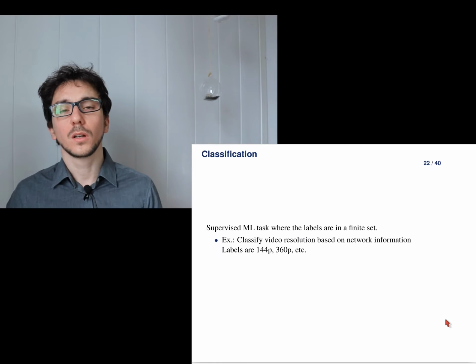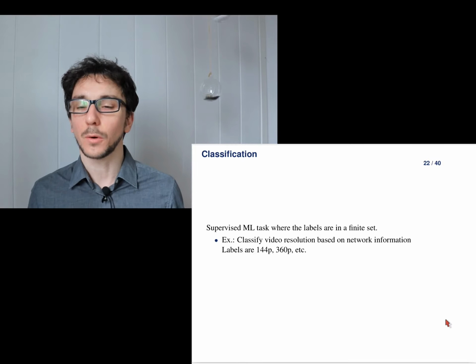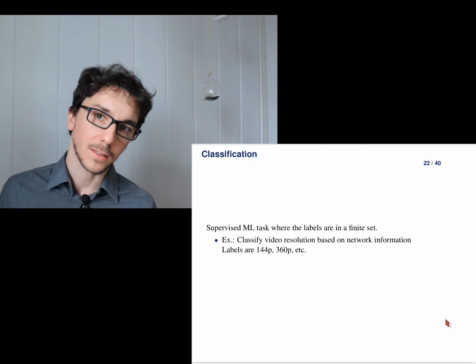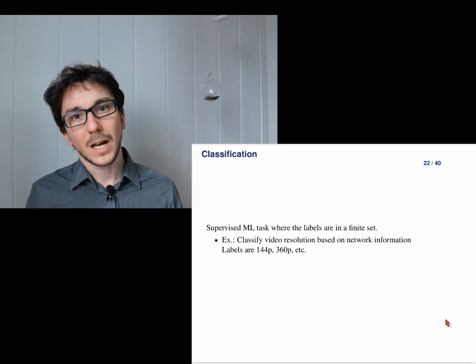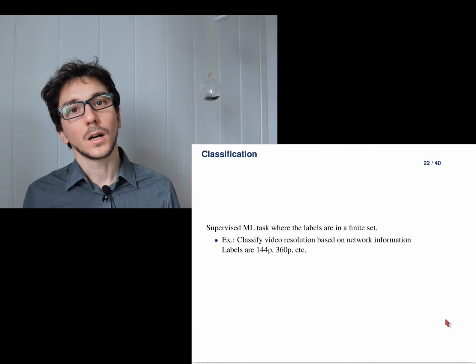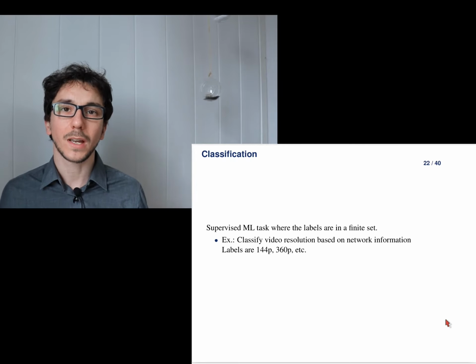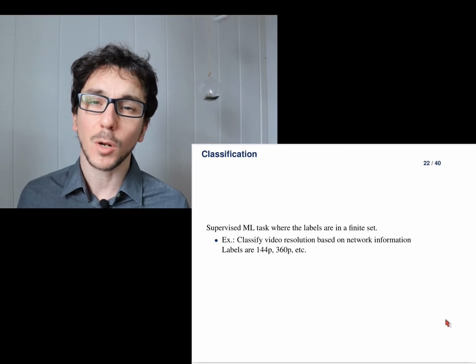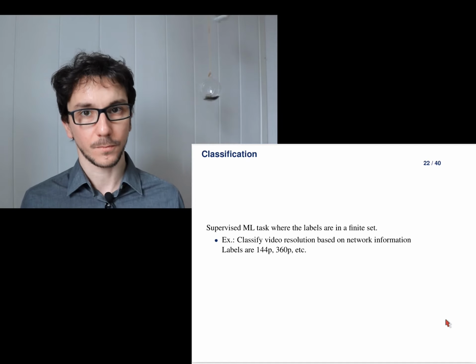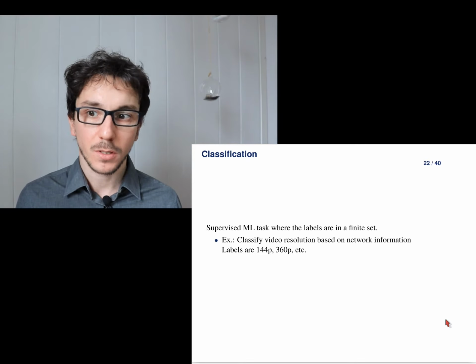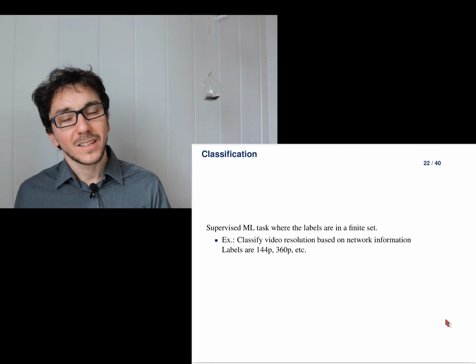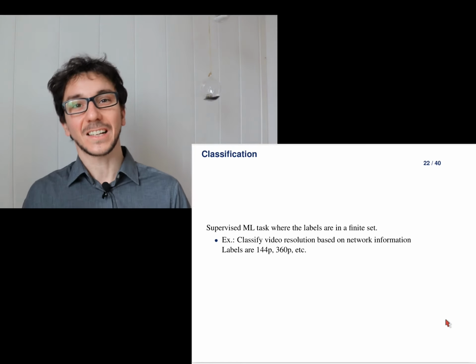So we will use in our example the same dataset in which we want to infer resolutions. If you remember, up to now, to infer resolutions we have formalized the problem as a regression, because we have interpreted resolutions as numbers. We will now instead interpret these resolutions as categories.